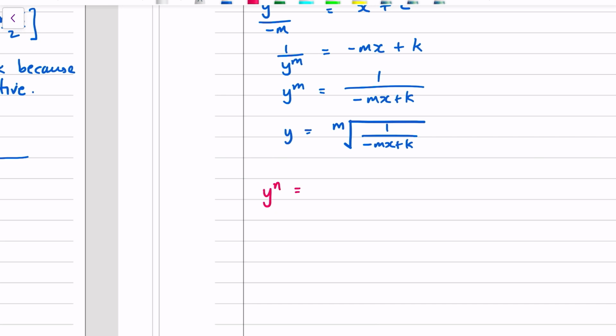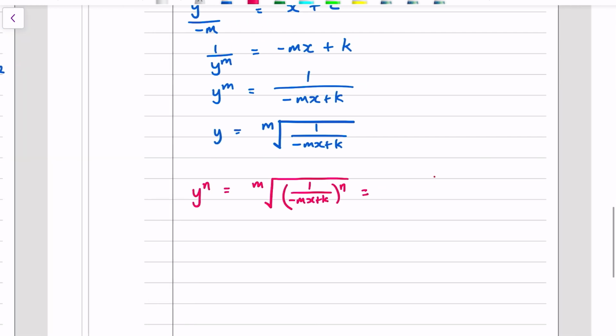So when we do that, it's going to be still the mth root, but then the stuff's going to be powered by n, or n over m is going to be the power. You write it as n over m there.